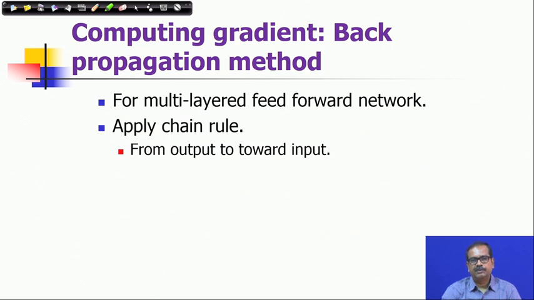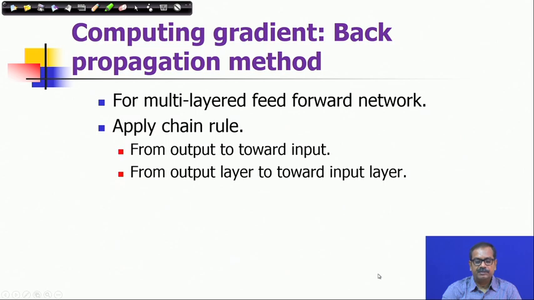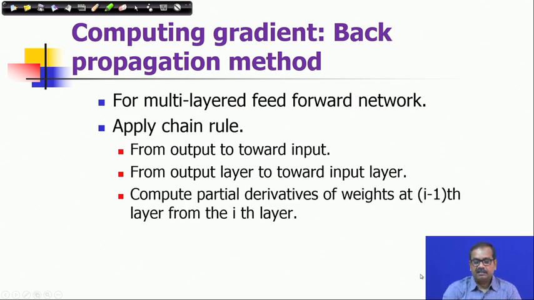So, you should compute all the derivatives from the output end, and then proceed towards the input and compute successive derivatives, which means from output layer to input layer. We can compute the partial derivatives of weights at the I minus 1th layer from the corresponding derivatives of the ith layer. We will see how we can do it.